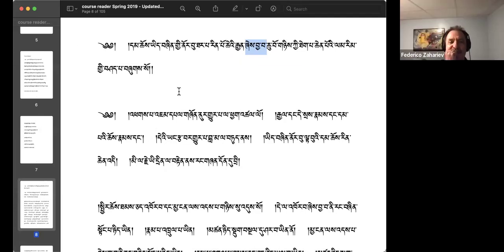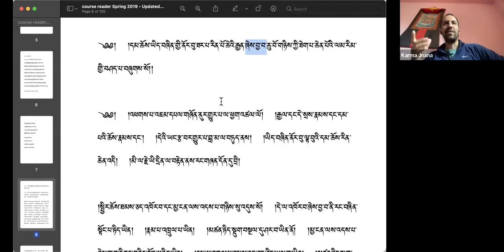Because he's paying homage to Manjushri, I think it's considered a text that is emphasizing wisdom, because Manjushri is a wisdom deity, but I cannot tell you exactly.